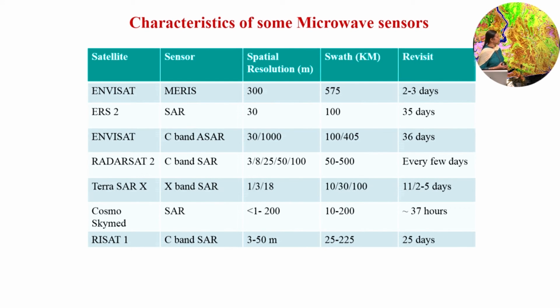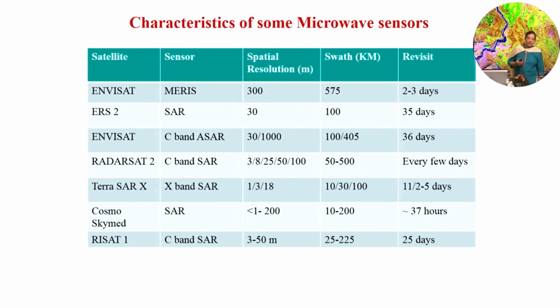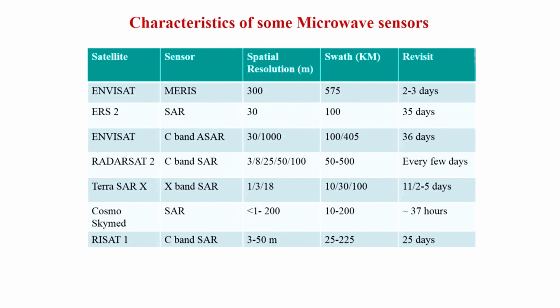These are some of the microwave sensors which are available. EnviSat from Europe, then RadarSat from the Canadian Space Agency. RISAT is the Indian satellite which works in C-band with 3 to 50 meter spatial resolution and a revisit of 25 days.